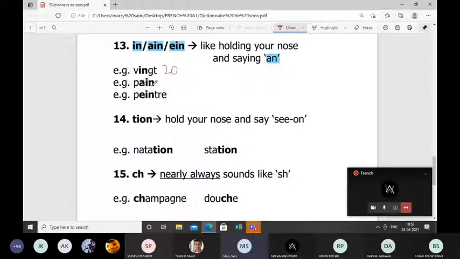And then you have pain. Pain is another noun, bread. Bread in French is pain. And then here you have peintre. Peintre means painter.